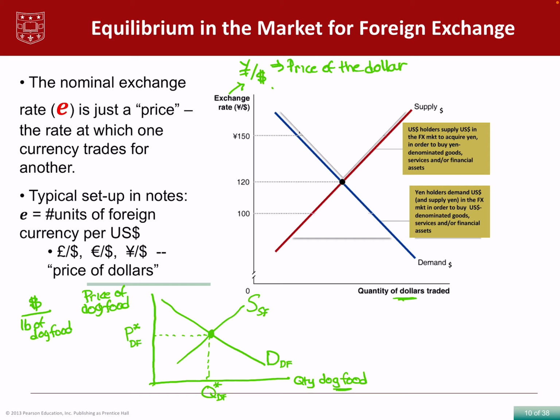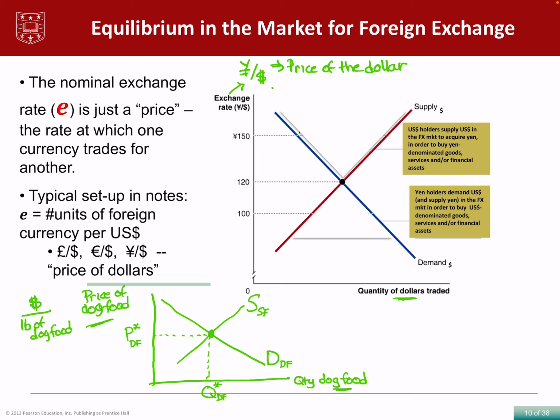But the nominal exchange rate is just the price at which one currency trades for another. So when we talk about the price of dog food, we're describing the number of dollars that you could get per pound of dog food. The price of the dollar, the exchange rate, is just telling us how many yen can you get per dollar.